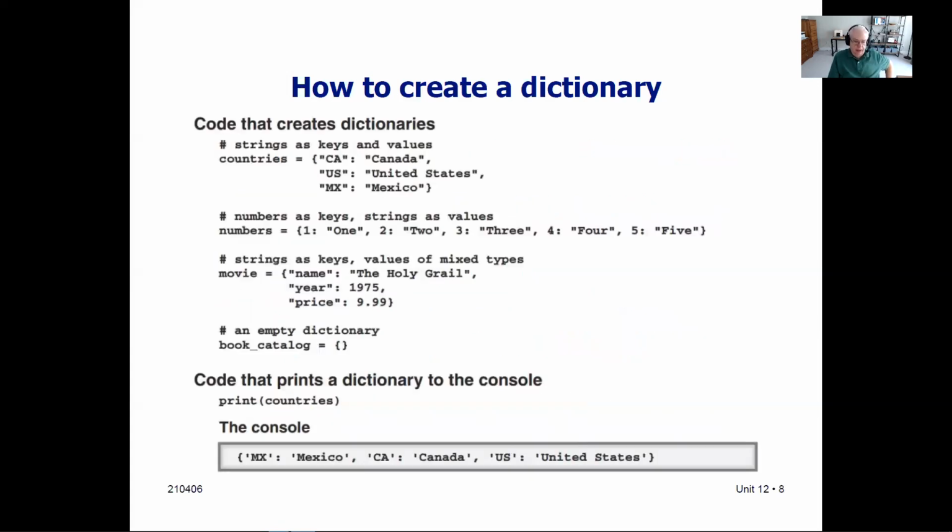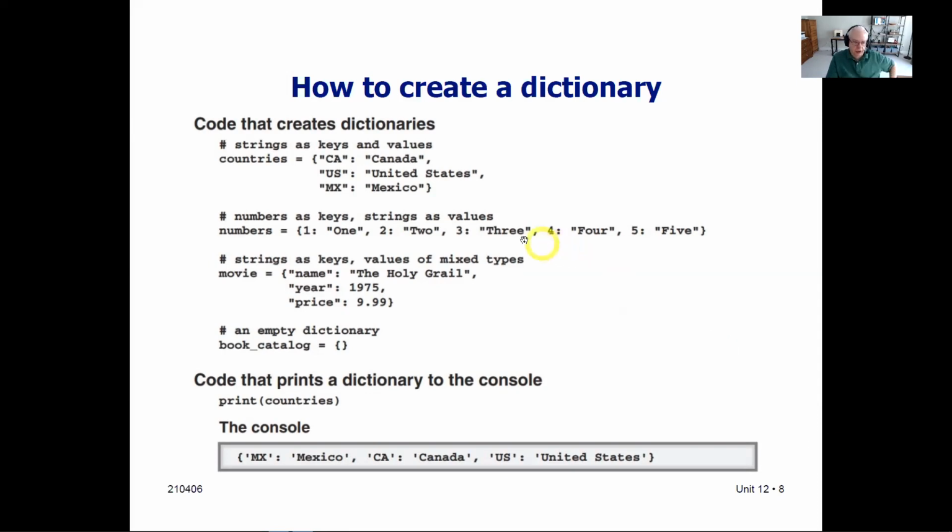Now, one of the neat things about dictionaries, or actually this is true of other data structures, but right now we're talking about dictionaries, we can ignore white space. Python ignores white space. That translates to we can create columns in our code so that we can make this easy to understand.